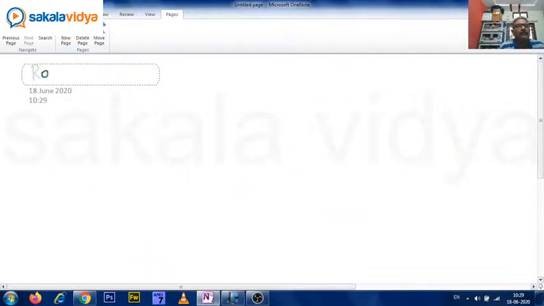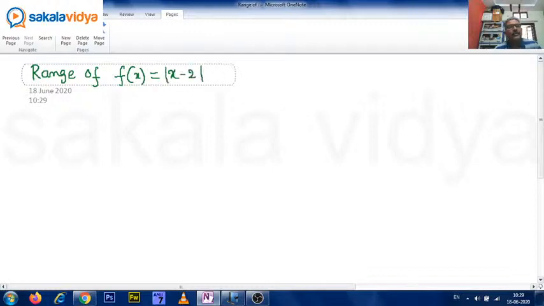Range of f of x equals mod of x minus 2. What is the range of f of x equals mod of x minus 2? We need to find the range.